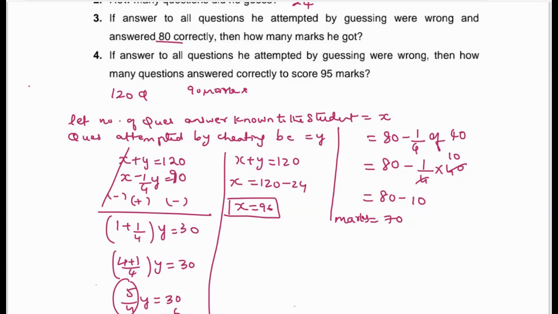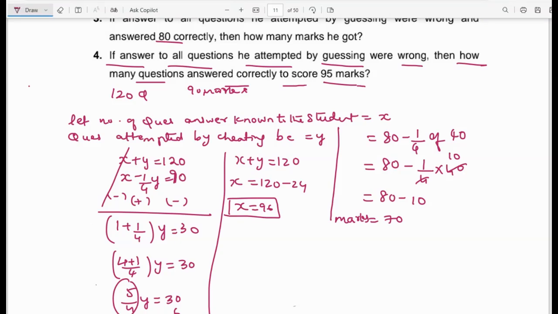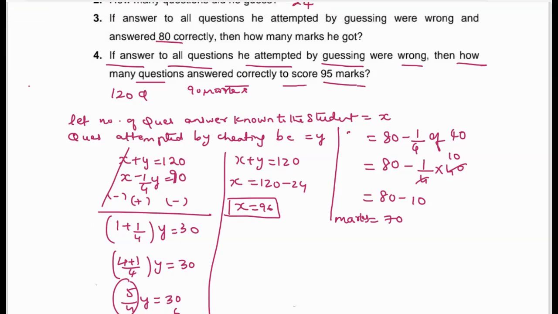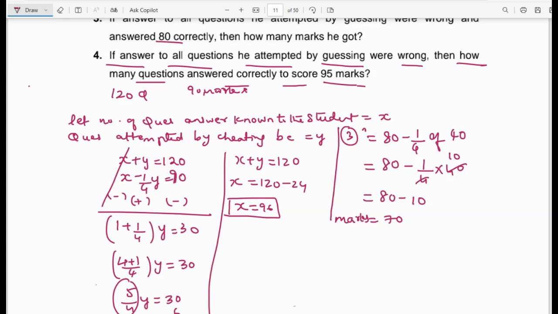That is, wrong answers. Then the next one is, if the answers to all questions he attempted by guessing were wrong, how many questions must he answer correctly to score 95 marks? So the next question is the fourth one. This was the third one, marks obtained.